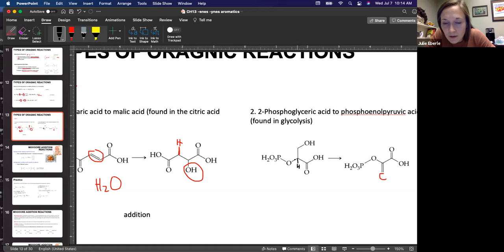Because we only see 3 bonds on this carbon. So it means one of those bonds that we don't see has to be to a hydrogen. For this carbon to have 4 bonds, it's got to have 1 hydrogen bond. Okay, so what is being eliminated is not just this hydroxyl group, but this hydrogen as well. And then 1 electron from that bond is going here, and 1 electron from that bond is going here, and it's giving us this double bond that we see between these 2 carbons. And then we're also generating water.